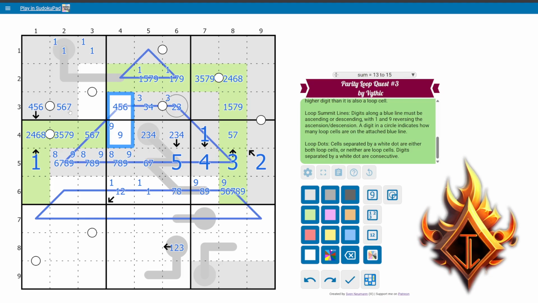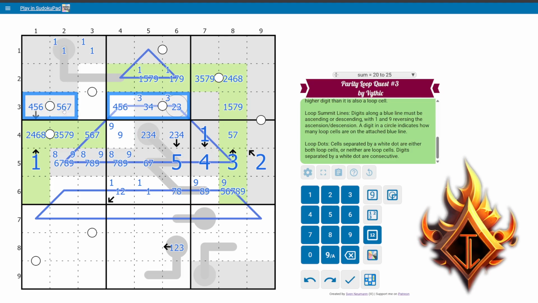That would be 7. That would be 1 or 9. 3, 4, 5, 6, 7. That only leaves 1 and 2.